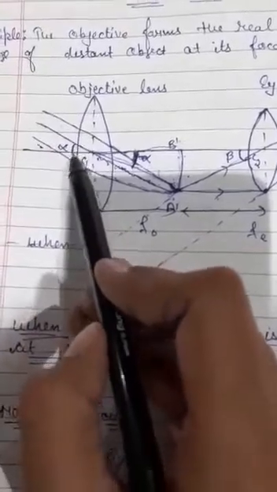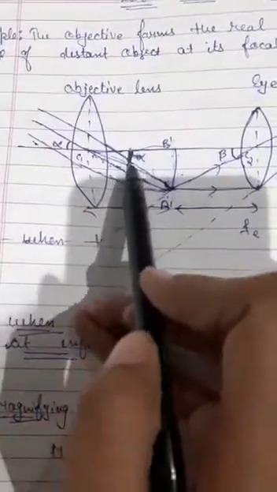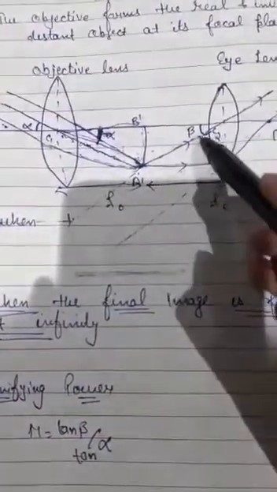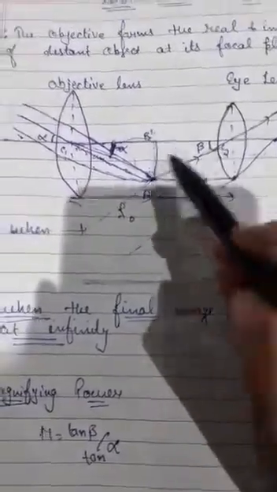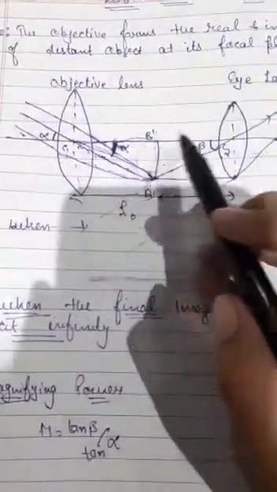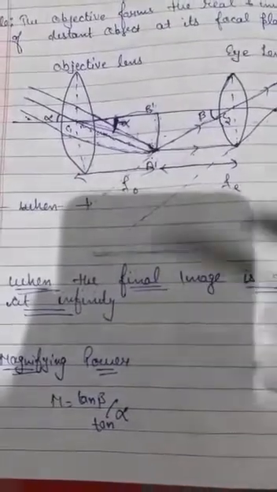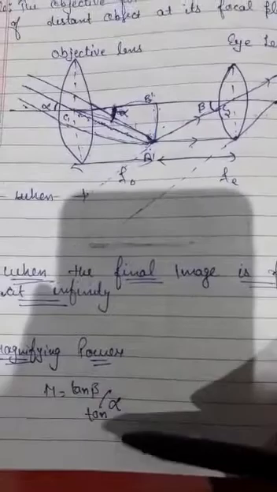These are corresponding angles, so I can take them as equal, and by the image I formed the angle beta over here. This is the angle subtended by the image, this is the angle subtended by the object, and their ratio is known as the magnifying power. As these are very small angles, I can take it in the form of tan beta upon tan alpha.